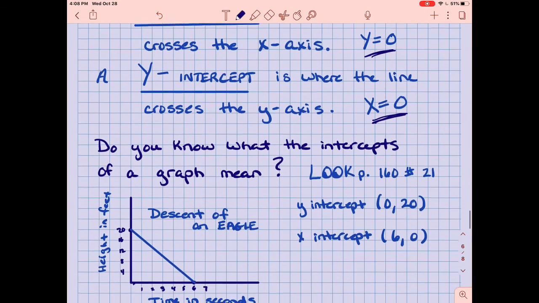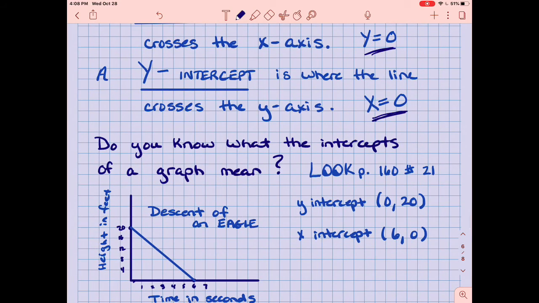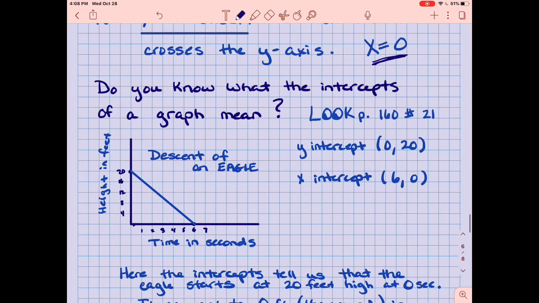Do you know what the intercepts of a graph mean? Let's look at page 160, number 21, just for the meaning. So we have this graph, and it's called the descent of an eagle, and the y-axis represents height in feet, and the x-axis represents time in seconds. And if you notice, the y-intercept is at 0 and 20 right here, and that means that our eagle at 0 time, at the beginning, was at 20 feet in the air.